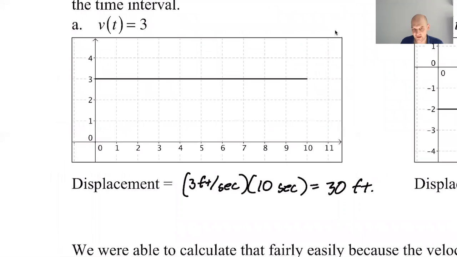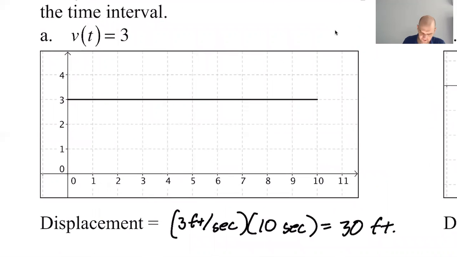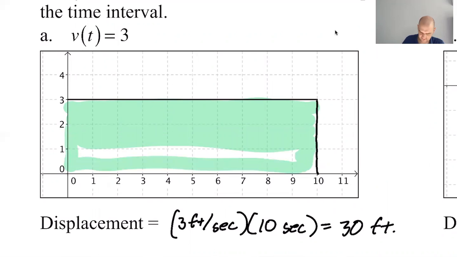But let's look at it more graphically, right? With 3 feet per second, 10 seconds, what we're really doing is figuring out this area right here, 3 times 10. And the units are going to be the units on the horizontal times the units on the vertical.